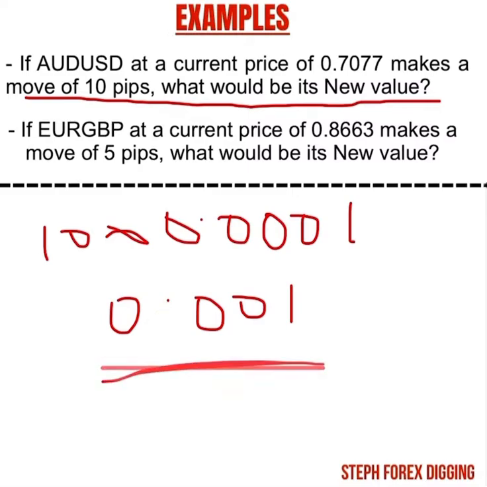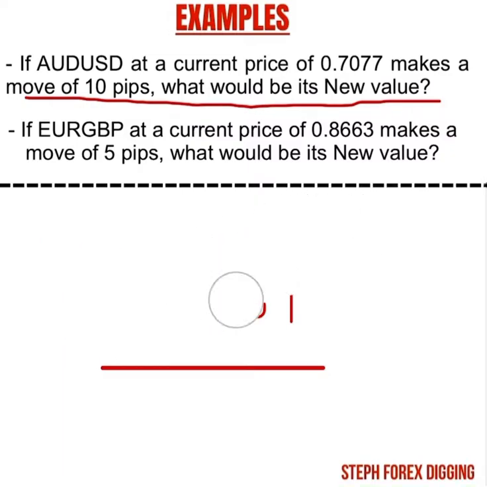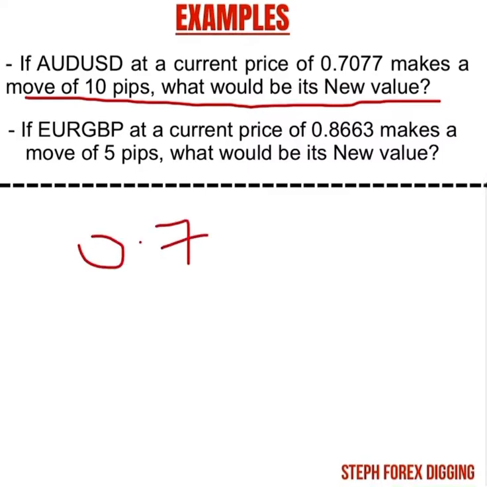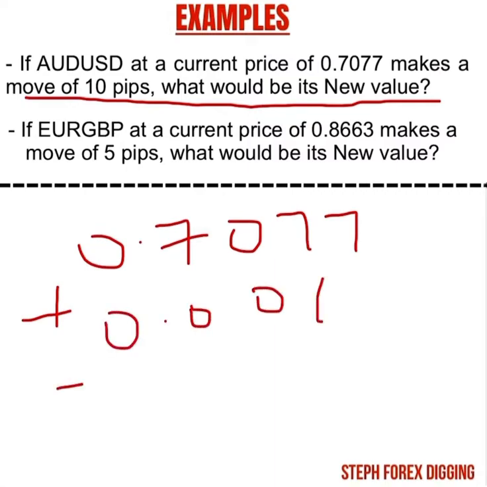So we now have this as the value, but not the new value of the currency pair. To get the new value of the currency pair, we say 0.7077 plus, remember we got 0.001.